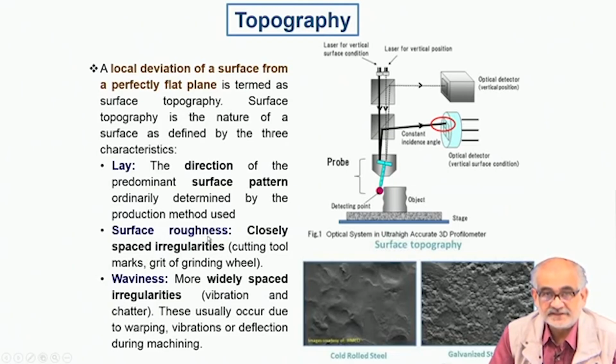The next important part is the surface roughness, which arises primarily when the material is machined at some point of synthesis or fabrication, and the grit size of the grinding wheel, or the depth up to which the abrasives would have polished the surface, or the cutting tool would have cut the surface, leaves behind certain marks of roughnesses.